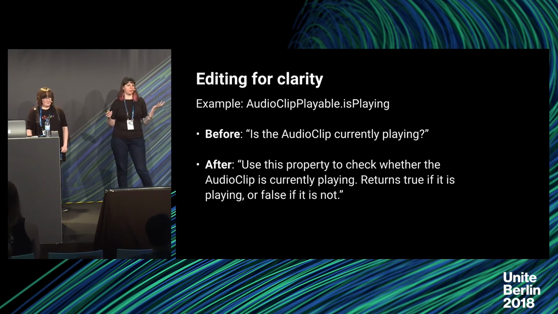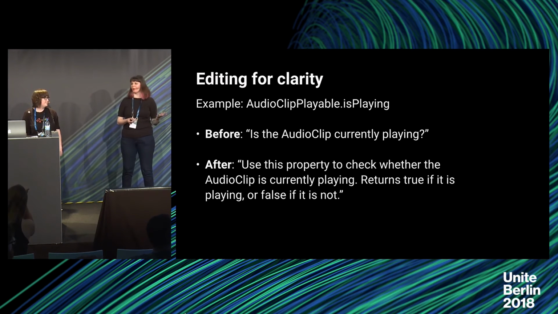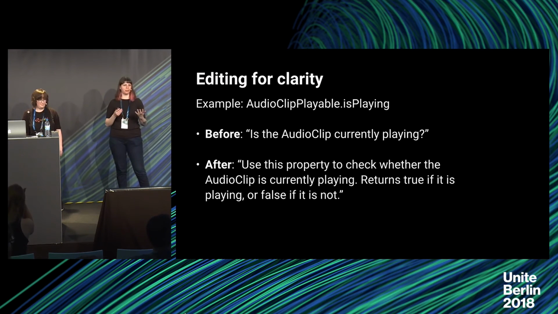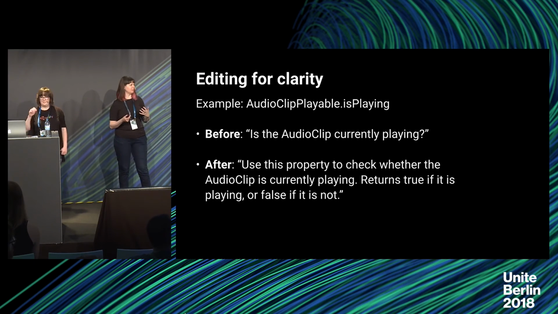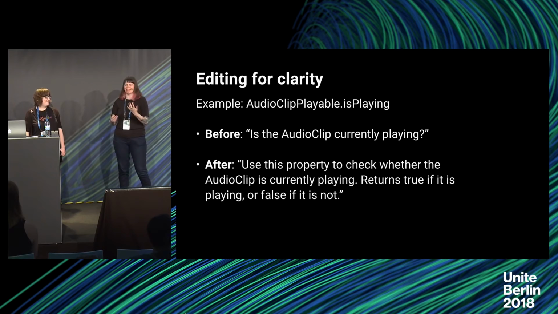If you're familiar with the scripting API, or you're familiar with this component, or reasonably familiar with Unity in general, you can probably work out what this means. But if you're a beginner, it's not clear, and it's not telling you anything. In fact, it seems to be asking you something. It's not clear at all.